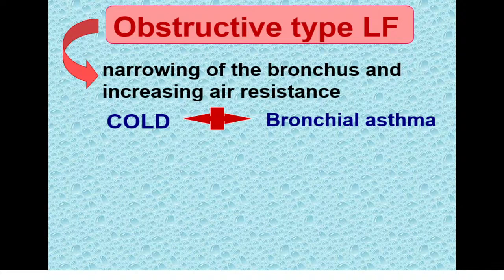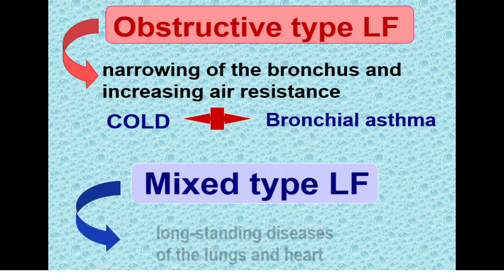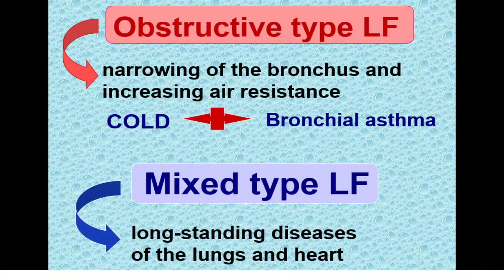Bronchial asthma due to periodic spasm of bronchus. And mixed type appears due to long-standing diseases of the lung and involvement of all its sites in pathological process, or maybe complication of chronic heart diseases.